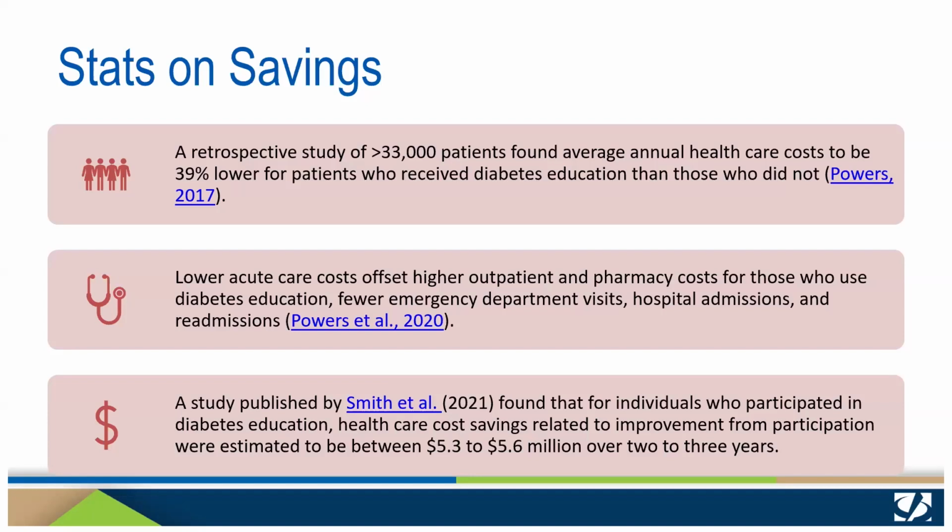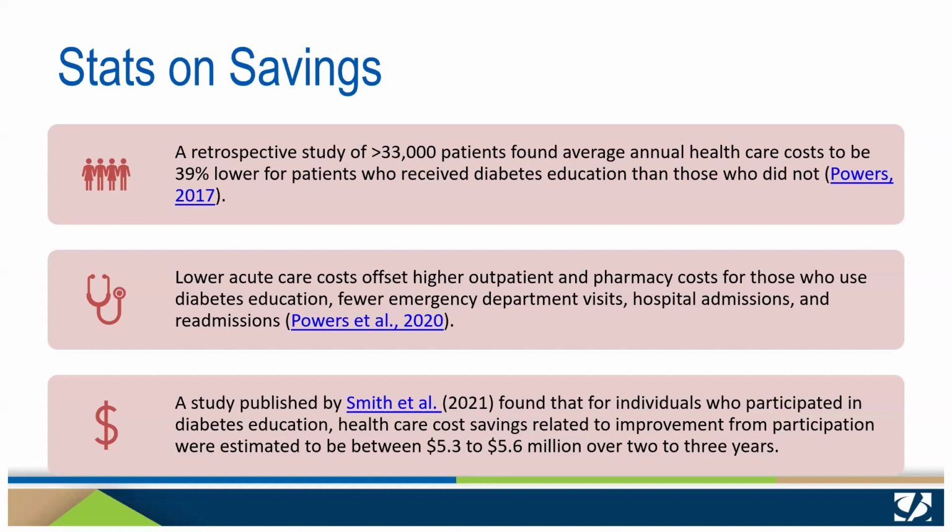On this slide, you can see just a few of the study findings on the financial benefits around DSMES participation. In the top statistic, you can see in a retrospective study that patients who participated in education had 39% lower annual healthcare costs compared to those who did not receive education.